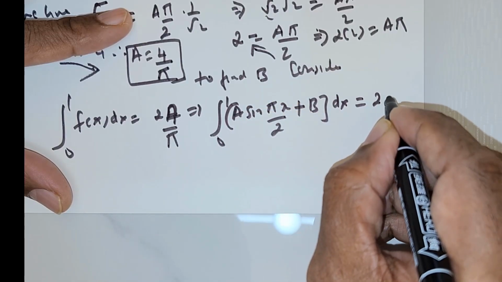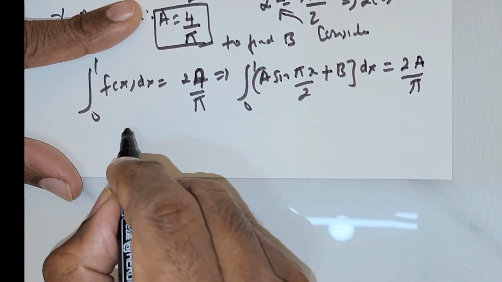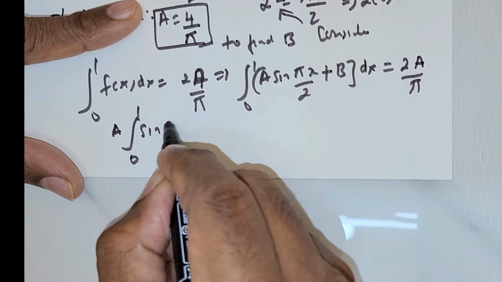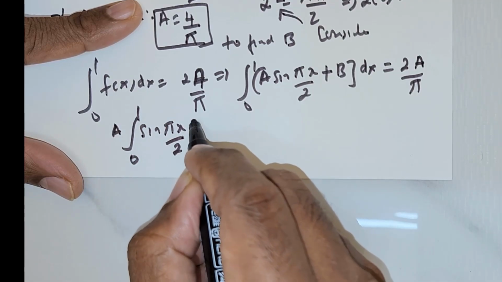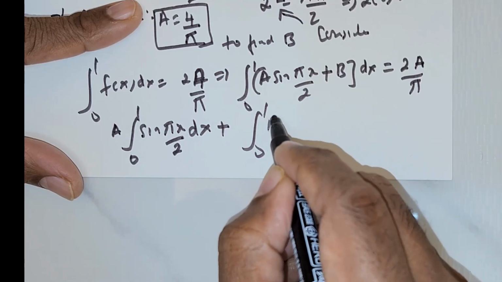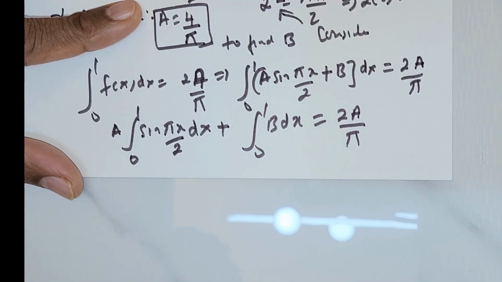This is equated to 2 times a over pi. Now I can rewrite this as the integral from 0 to 1. I can take the constant a out, and this is sine of pi x over 2 times dx, plus the integral from 0 to 1 of b times dx is equal to 2 times a over pi.